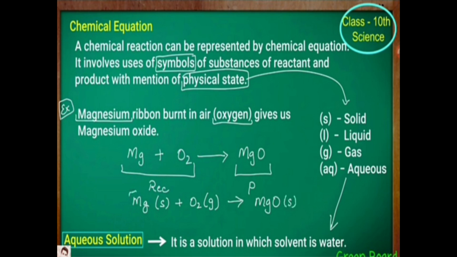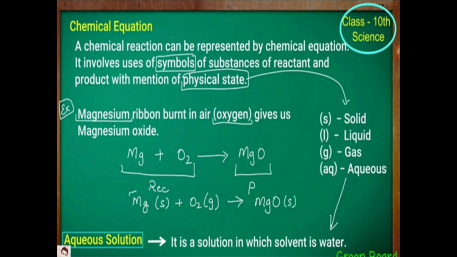Now we will study about chemical equation. A chemical reaction can be represented by a chemical equation. There are certain rules and regulations which should be followed to write a chemical equation, that we will see further. A chemical equation involves the use of symbols of substances, reactants and products, with mention of physical state.